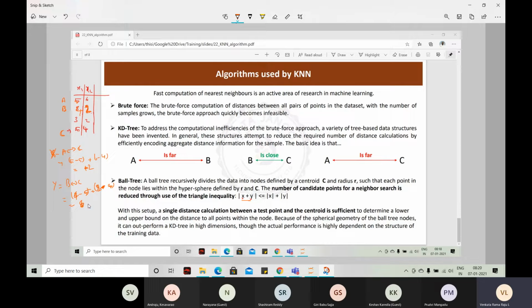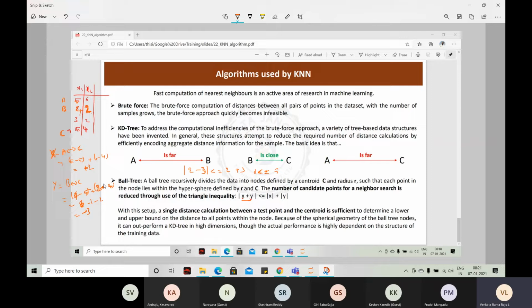That's going to be minus 1, minus 2, minus 3. So mod of x plus y is going to be 2 minus 3, less than or equal to mod x is 2, mod y is 3. This is 1 less than or equal to 5.